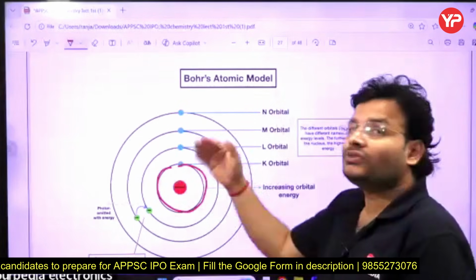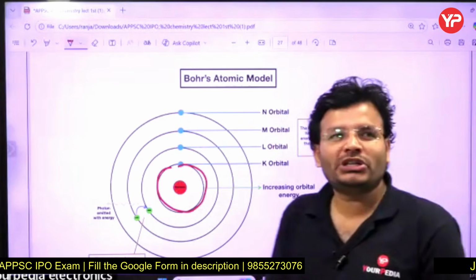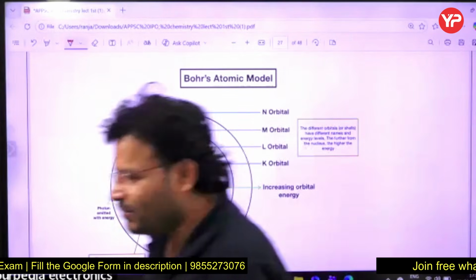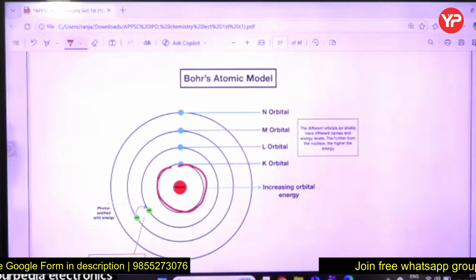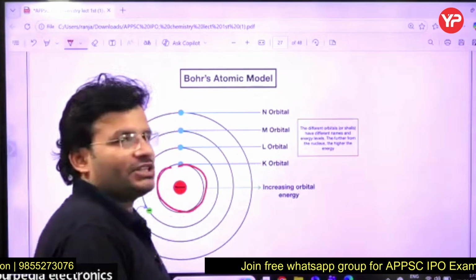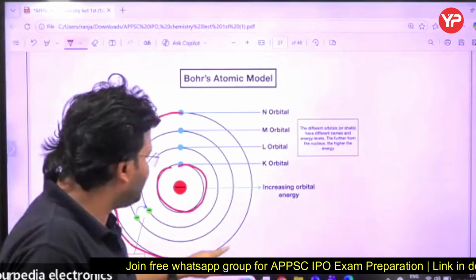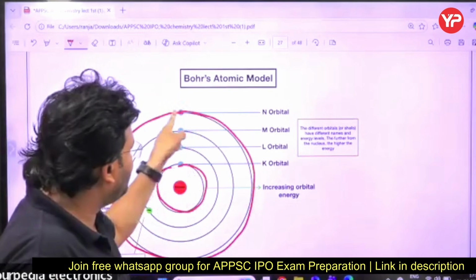For N, furthermore. So tell me, in which orbit is more energy needed, M, N, K or L? Obviously, if the electrons revolve there, they require more energy, right?